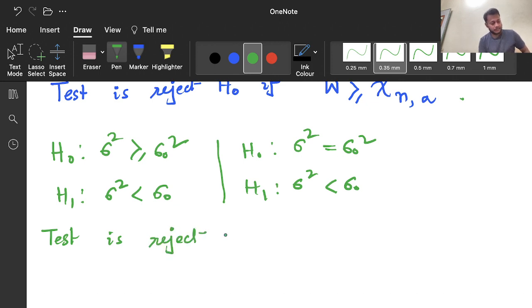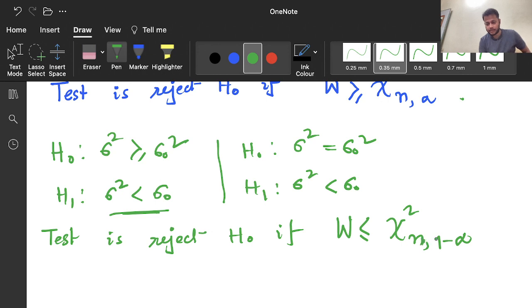Reject H0 if W is less than or equal to the chi-square n, 1 minus alpha point. Here you see that chi-square is not symmetric, so if it is less than, it should be less than the 1 minus alpha point.